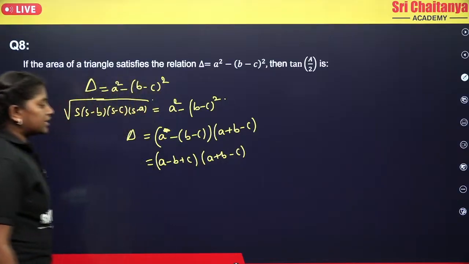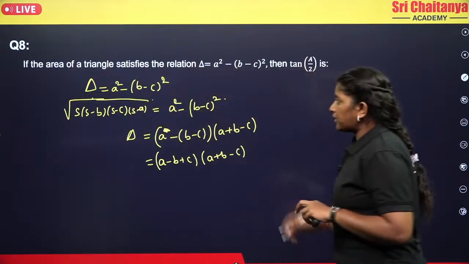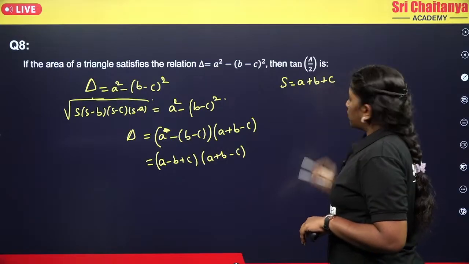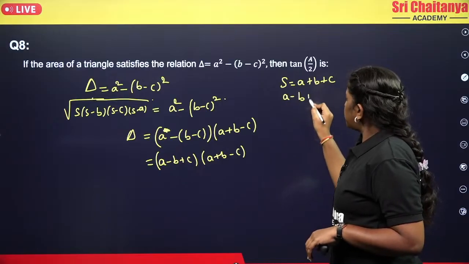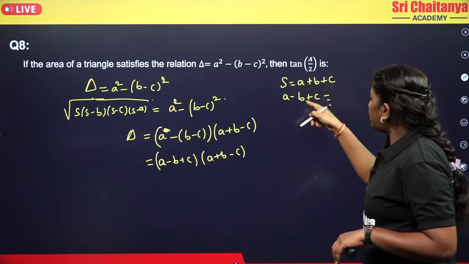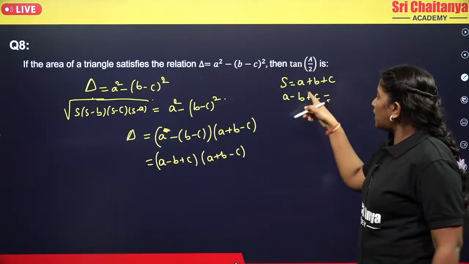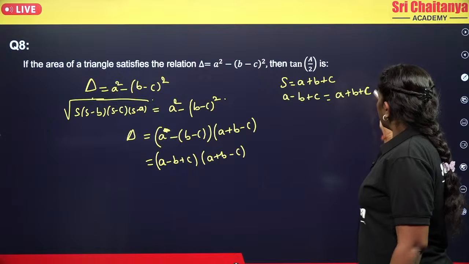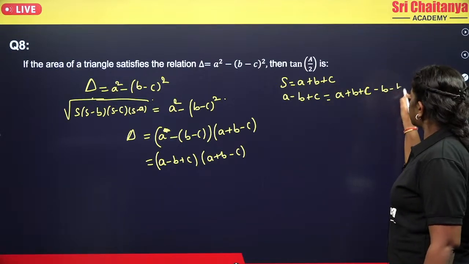How can we rearrange them once again? If you look here, I have my s value as a plus b plus c. So for a minus b plus c, I need to add b and subtract b, then only I will get my s value. So it will become a plus b plus c. I am adding b, so I have to subtract, so that becomes minus b minus b.